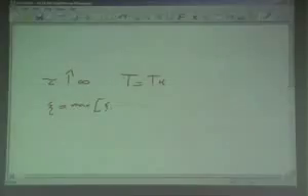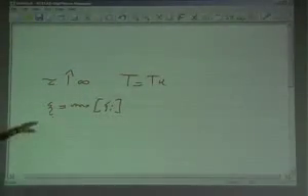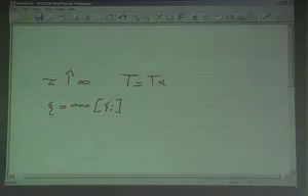By definition, if I look at the system on scales larger than this, the system is just independent subsystems. So if psi is finite, less than infinity, I can consider the system as independent subsystems of size psi.